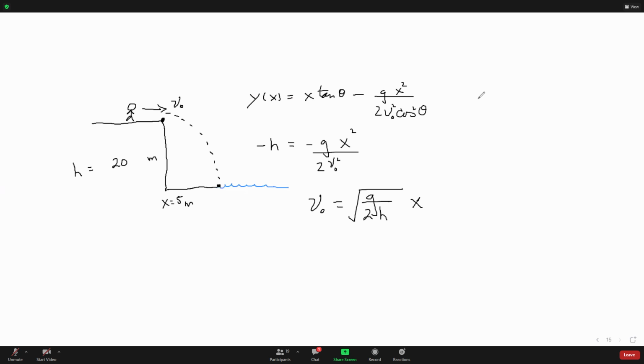Well, you know what? Let's ask ourselves this question. Let's say that we're on a battleship. Here's the ocean. Here's the gun on my battleship. And here's my target.